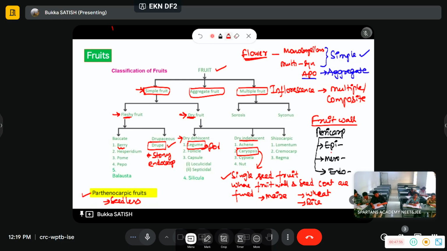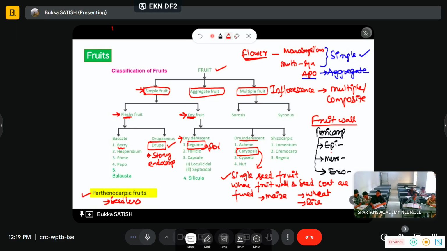Sometimes application-based questions may come on this, like, can you give me one example where parthenocarpic fruits will not have economic importance? Normally, parthenocarpic fruits have a lot of economic importance, like oranges, maybe tomatoes. We look for seedless fruits.